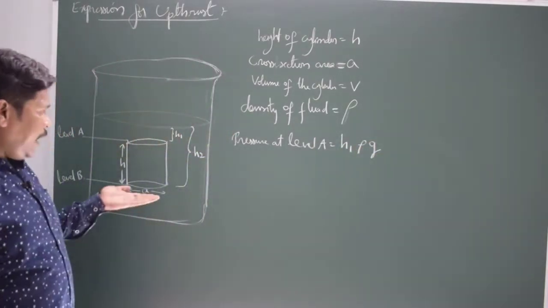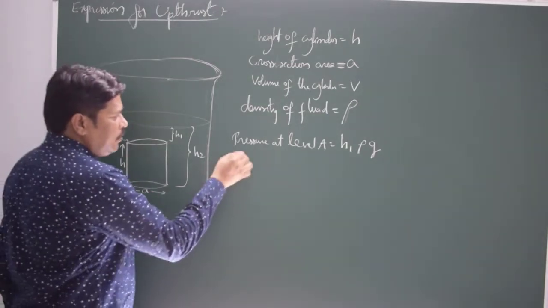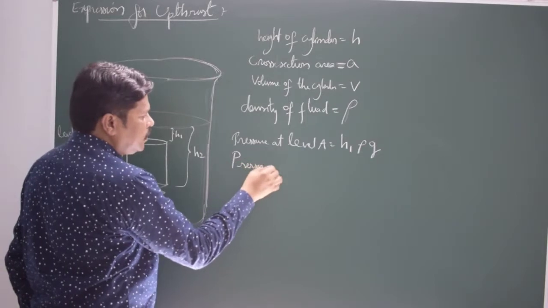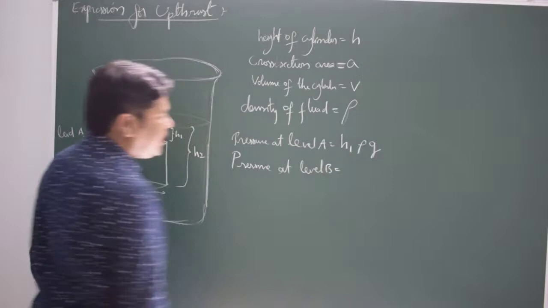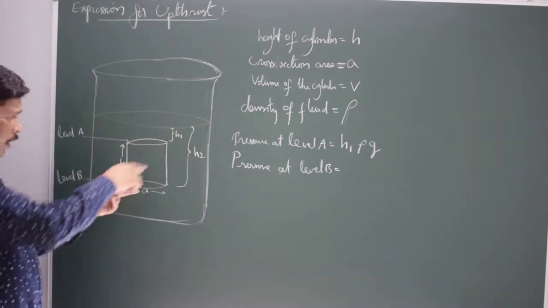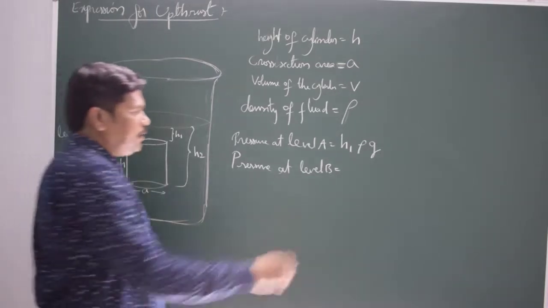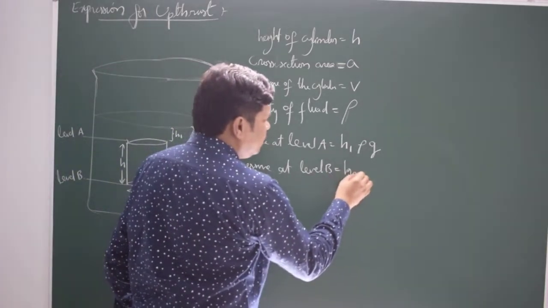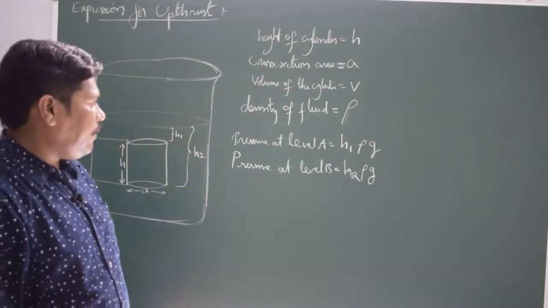Now, the pressure acting on the second surface at level B is very much responsible for the upthrust. Pressure at level B is at depth h2 from the surface of the liquid, so it is h2 rho g, density of the liquid into acceleration due to gravity.